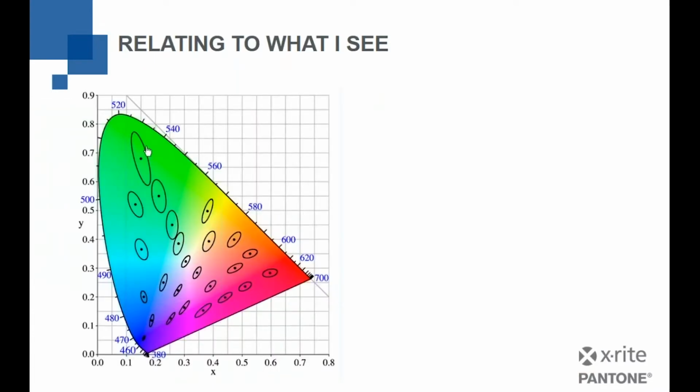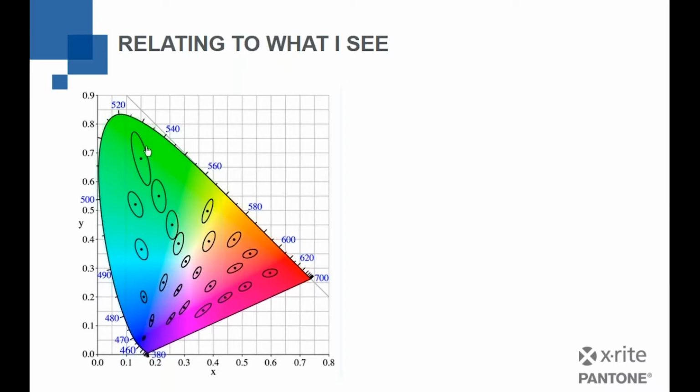Well, fortunately, there was some work done in the past to help us with that. A man named MacAdam did some work where he gave people a stack of colors that were all relatively the same. He asked them to look at the color standard he gave them and compare each sample to it.